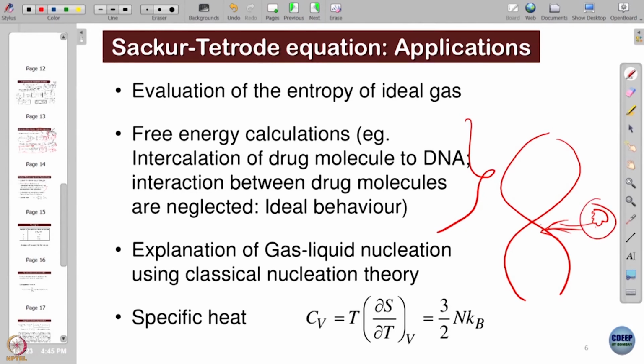Then you may want to study, for example, gas-liquid nucleation. At low temperature, a gas is going to form a bubble, like in the atmosphere, to form nucleation. Then one needs to calculate how much entropy the gas particles are losing in order to form the bubble, because once formed, it moves very slowly and moves as one particle.